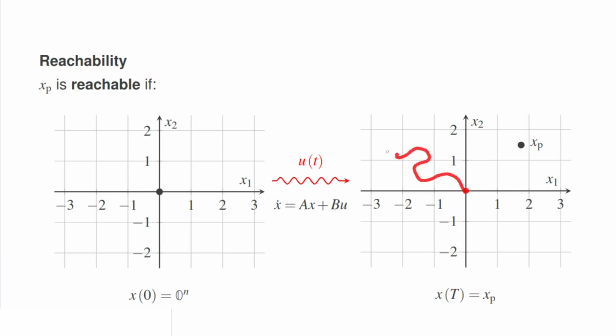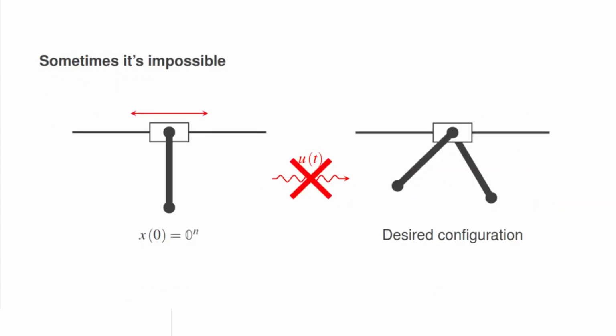Applying another input over perhaps another interval of time might push it along a trajectory like this. The question of reachability then asks, can we find some input over some time interval that will drive our system along a trajectory that finishes at the point xp?